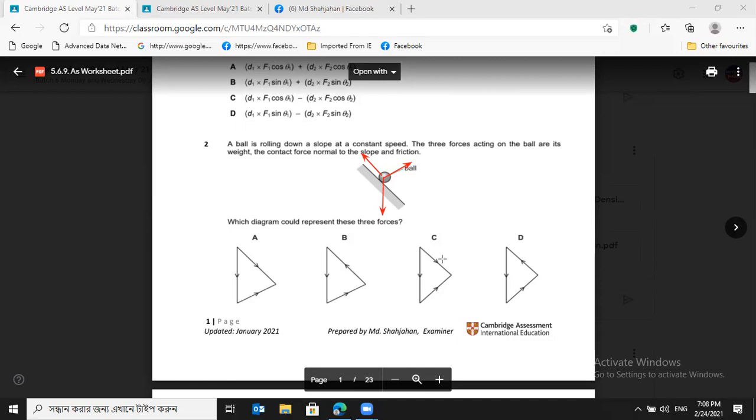You see the angle between them. Sir, I think B. Okay, sir, so D, I think it will be D, sir, I don't know why.